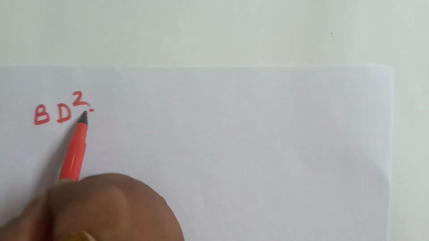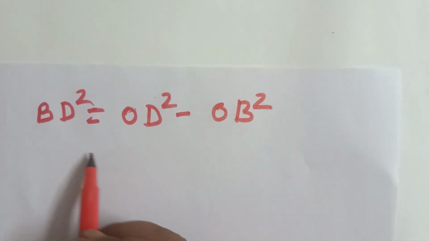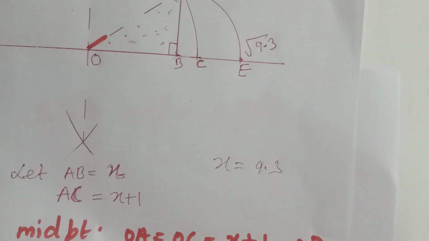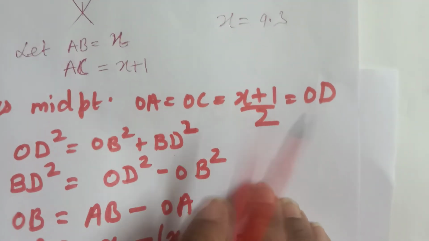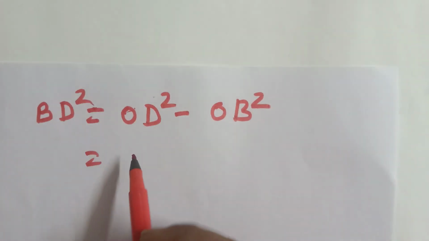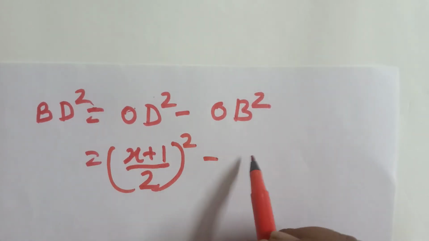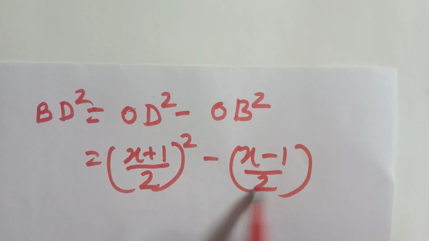As we have already found, BD square is equal to OD square minus OB square. The value of OD is x plus 1 upon 2 and the value of OB we found is x minus 1 upon 2. Putting in the values, we get x plus 1 upon 2 whole square minus x minus 1 upon 2 whole square.